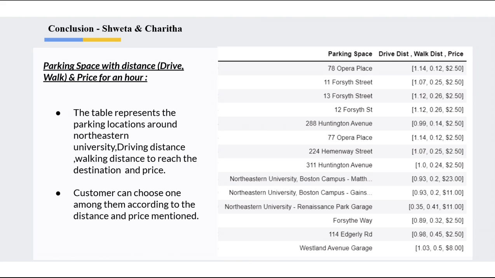So the driver doesn't need to waste their time searching for a parking slot at Northeastern University, and this is so advantageous, and it's more efficiently used by the people. Thank you.